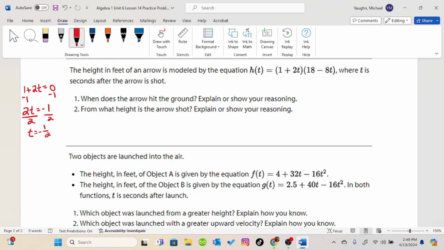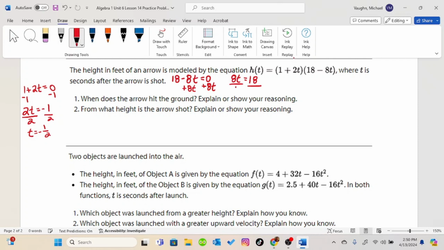So now we use the other factor. 18 minus 8t equals 0. We add 8t to both sides, and we have 8t equals 18.